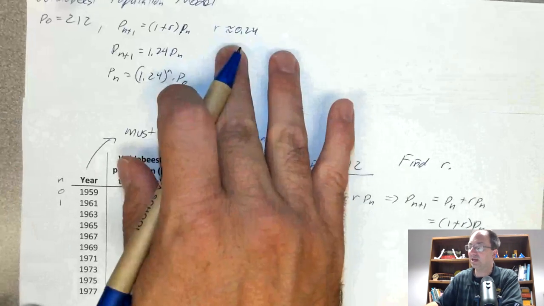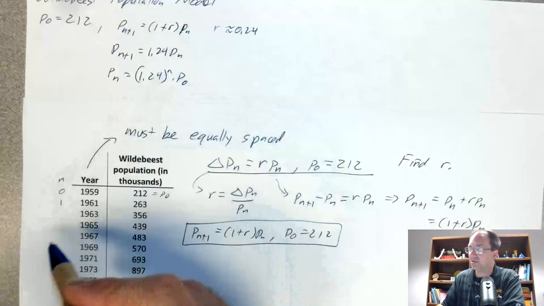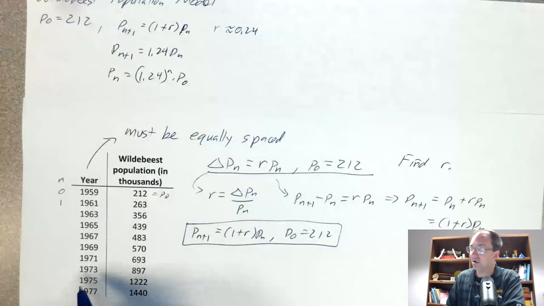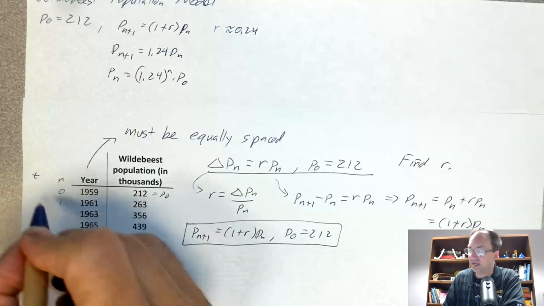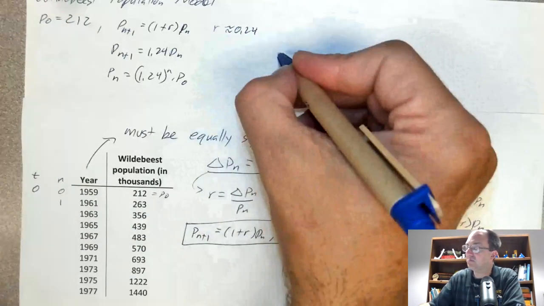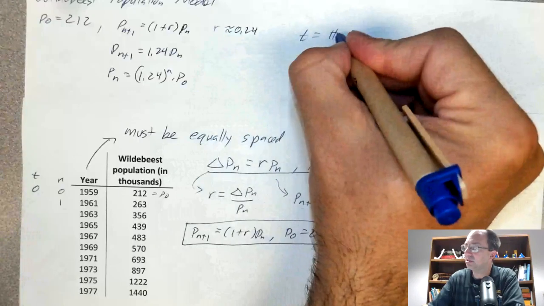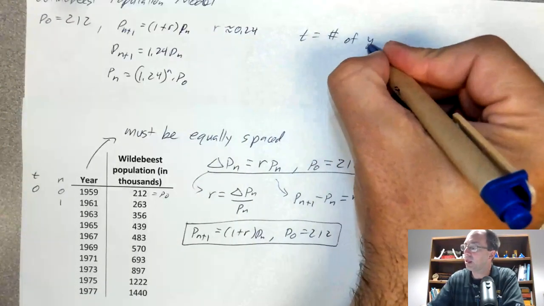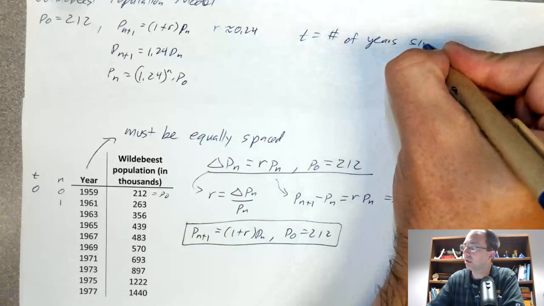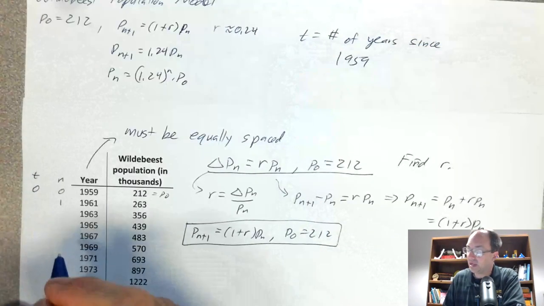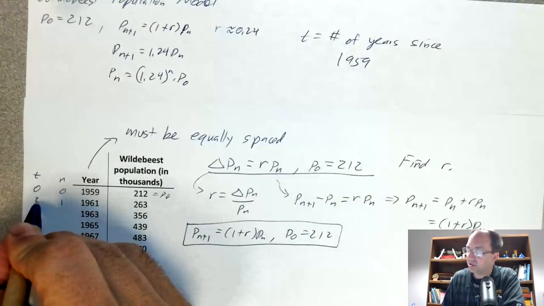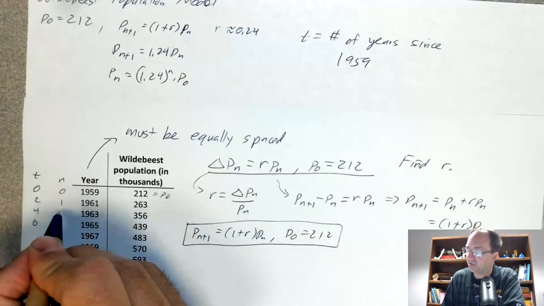Now, this still doesn't help because the n's are valid as we described here, and what I would really like is a new variable t, where t is the number of years since 1959. And if we do that, then this is going to be 2, 4, 6, and so forth.